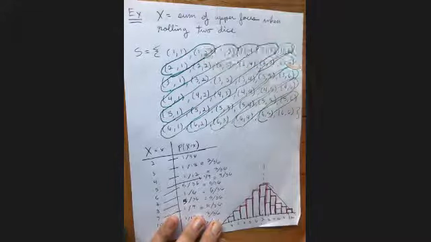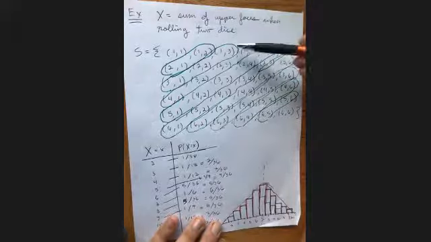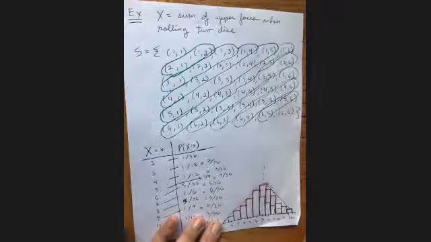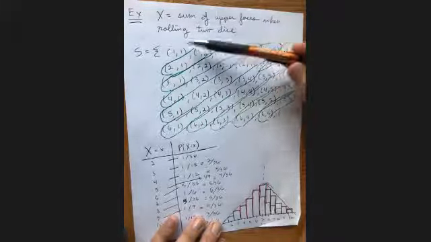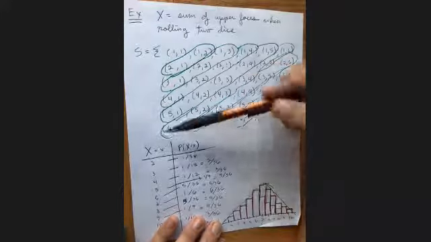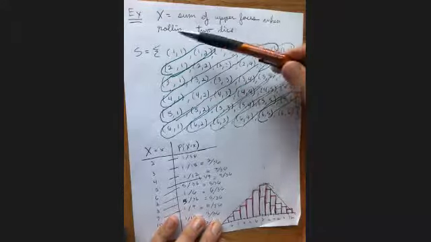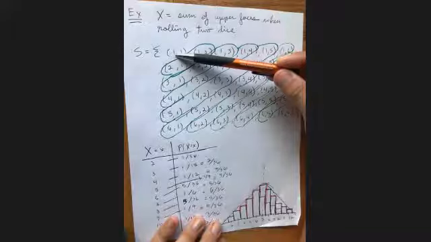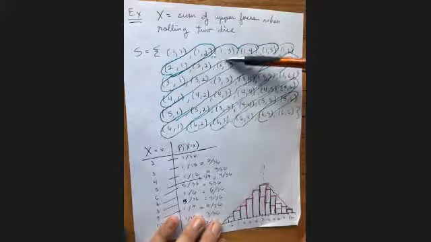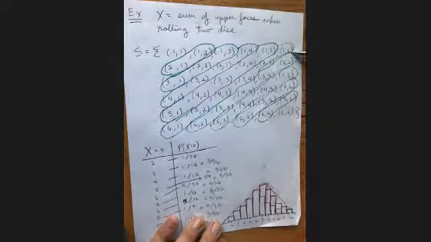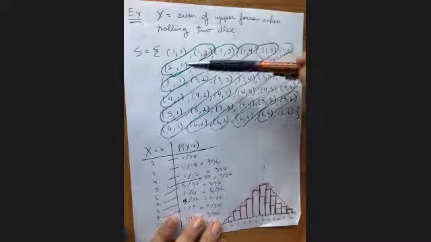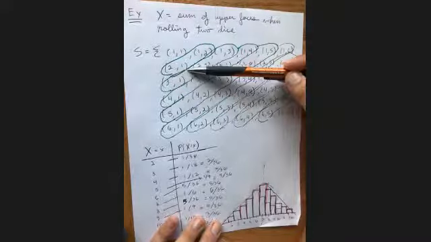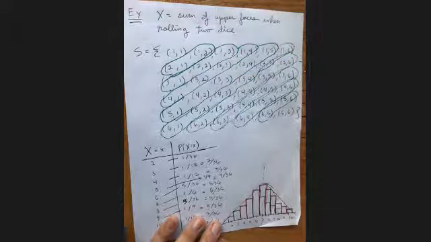So here we've rolled a 1 and a 2, a 1 and a 3, a 1 and a 4, so on and so forth. And you can see that I've listed all of the possibilities, the complete sample space here. So we fix the first coordinate at 1, and then let the second coordinate range from 1 to 6, and then we stop. And then we fix the first coordinate at 2 and let the second coordinate range from 1 to 6 and stop.